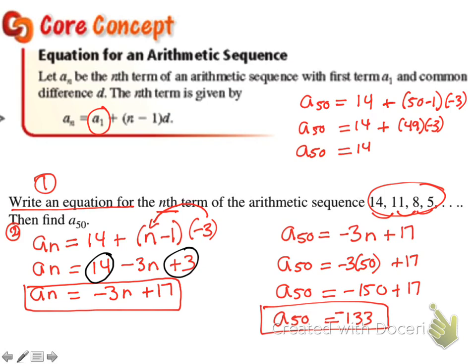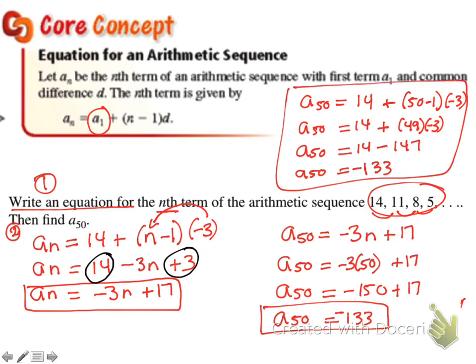What's 49 times 3? 147. Minus 147, and a sub 50 equals -133. So that's another way, but because of the directions, do you guys understand? It says write an equation, that's the first thing, and then it says then find. That's why I did it in 2 steps like this. Do you understand? Yes. Okay.